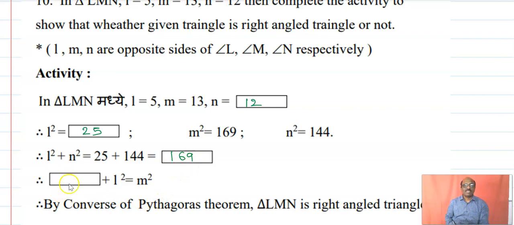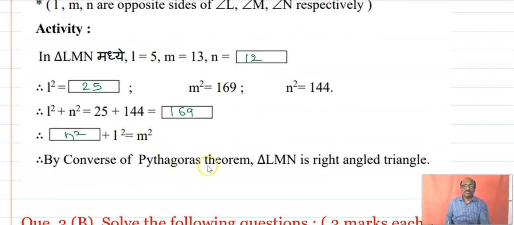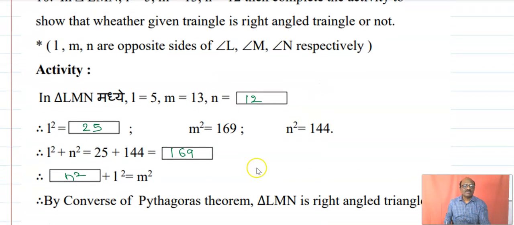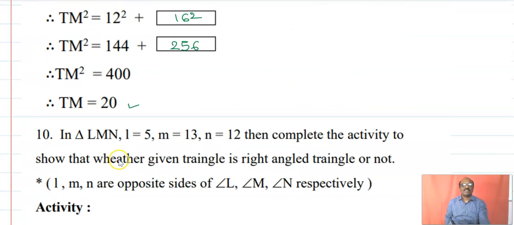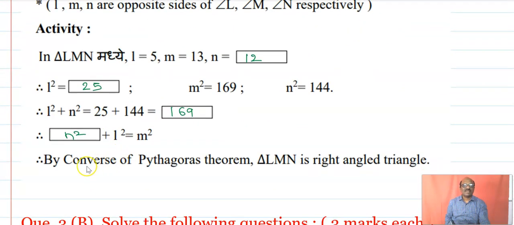And therefore we have here N square plus L square is equal to M square, and therefore by the converse of Pythagoras theorem, triangle LMN is a right angle triangle. Now we take the activity with it. We'll take the next question.